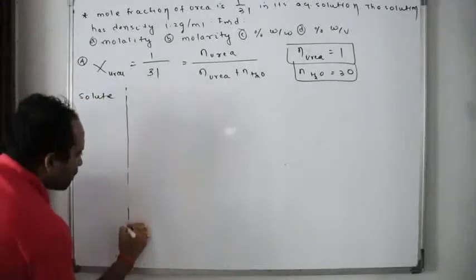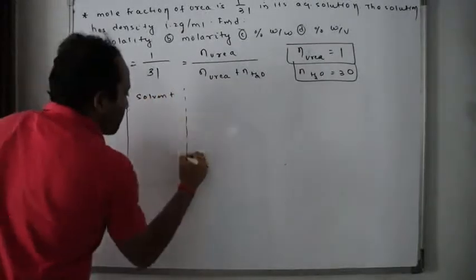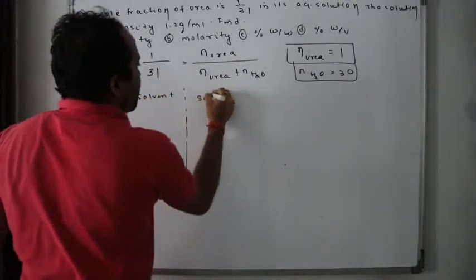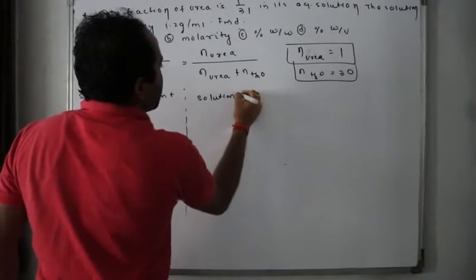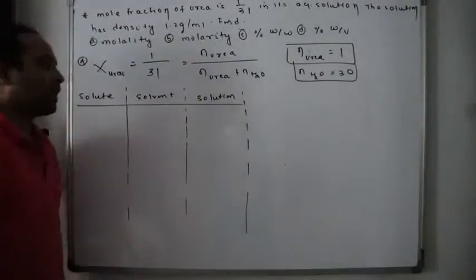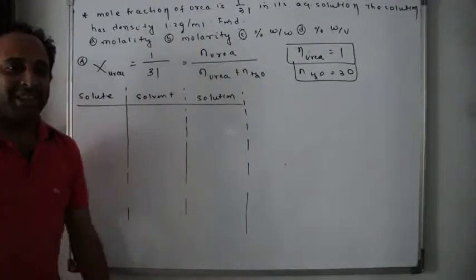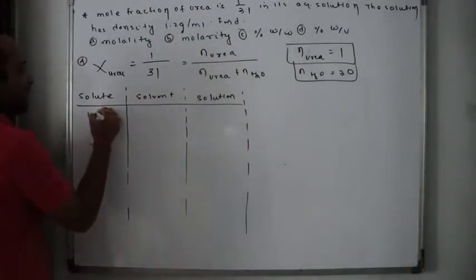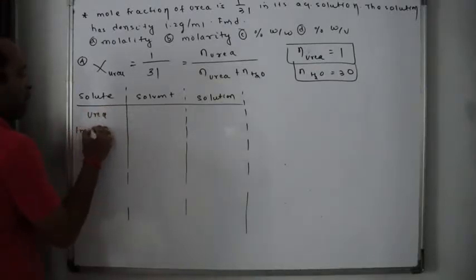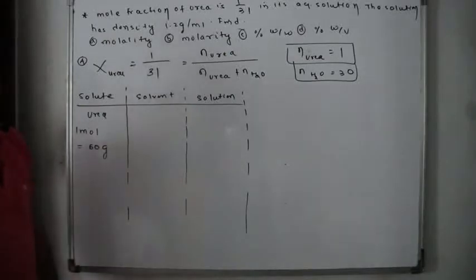Solute, solvent, solution. Solute is urea, solvent is water, and solution is urea water. Now, urea, how much? 1 mole assumed, 60 grams, done.